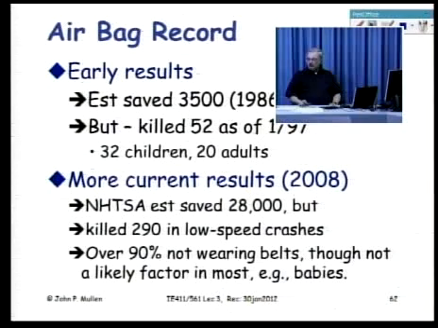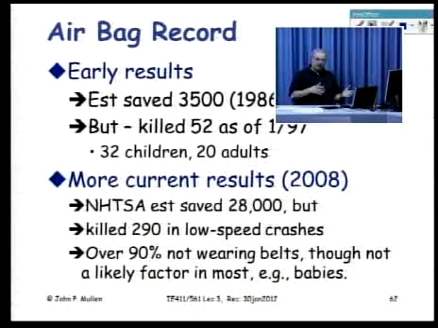But nowadays, most people know you keep the children in the back, etc. But 28,000 lives saved, 290 lives lost. It's an improvement unless you're one of the 290 or know one of the 290.